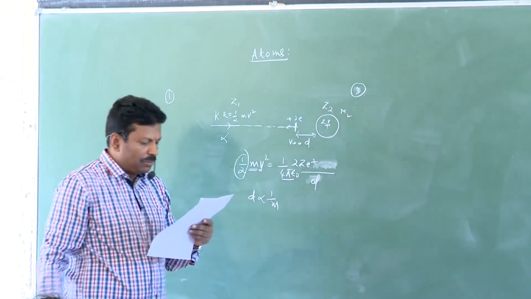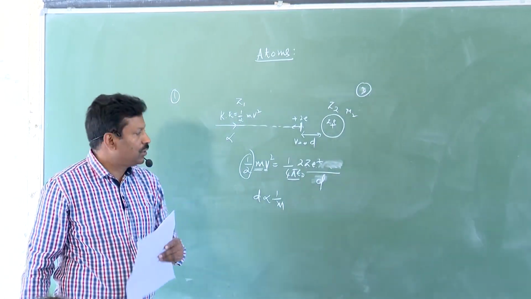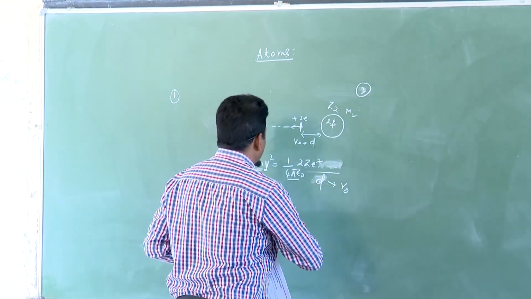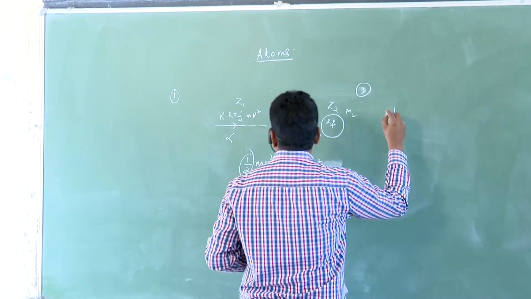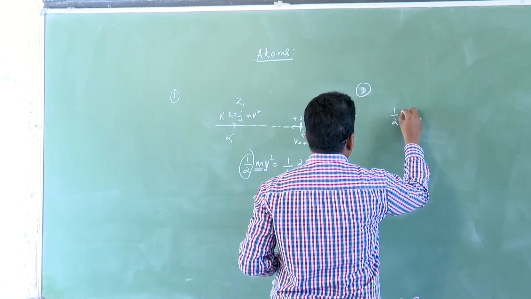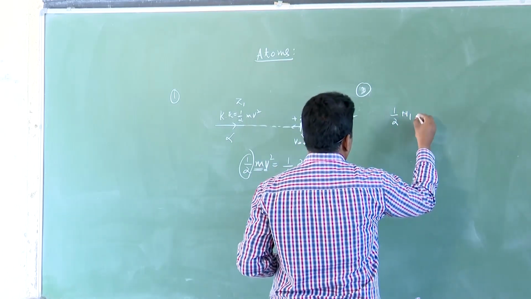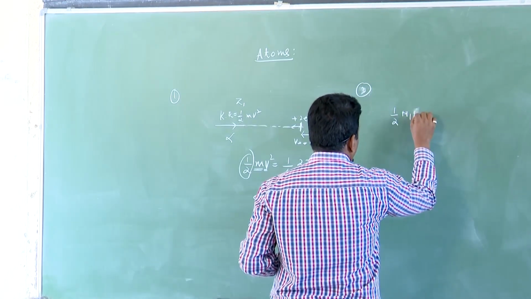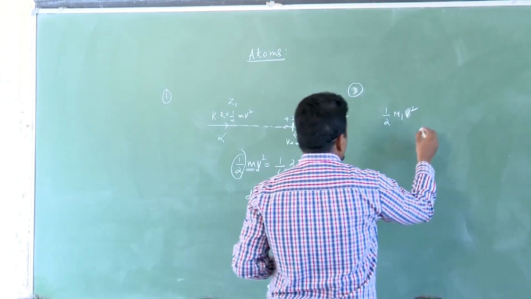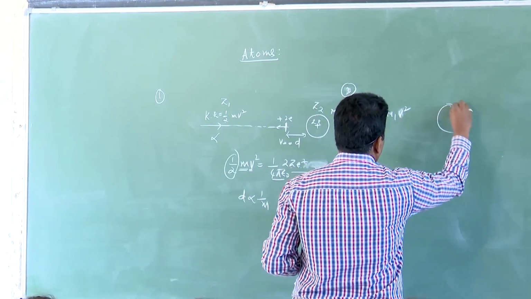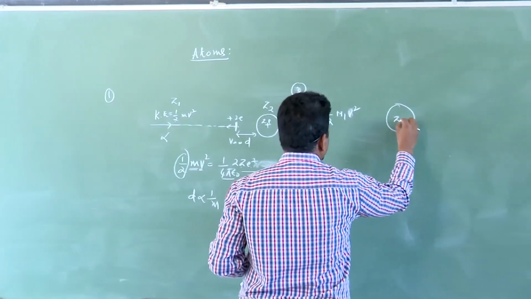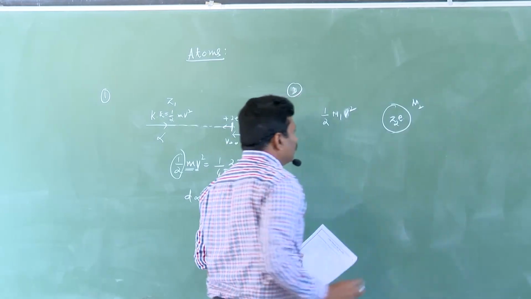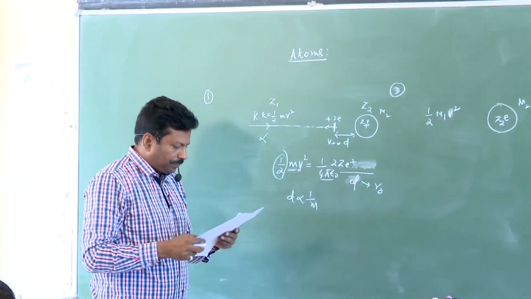Okay, mass m2. The distance of closest approach is r0. So here the distance of closest approach is r0. So what we can write here, okay, it is m1. They have not given the velocity, so we'll assume it as v. The nucleus has charge Z2e, mass is m2, right?